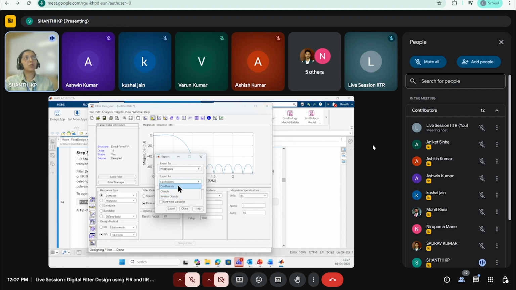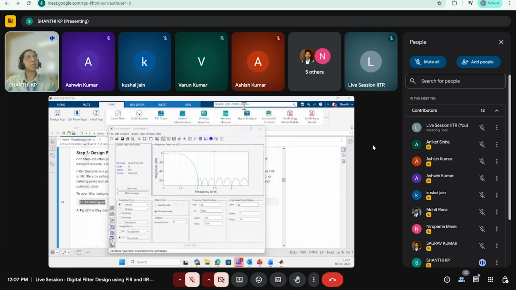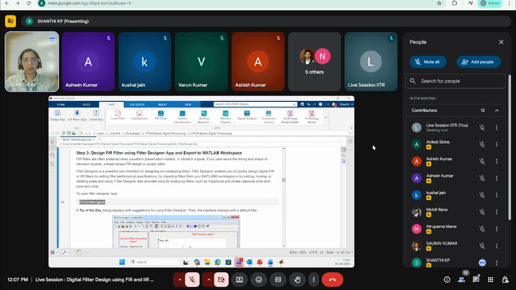For now, we will use filter coefficients, and we'll keep the numerator variable names as default, and click on export. So it displays a message saying variables have been exported to the workspace. Let's minimize the filter designer for now.